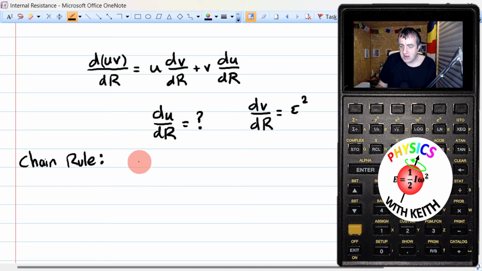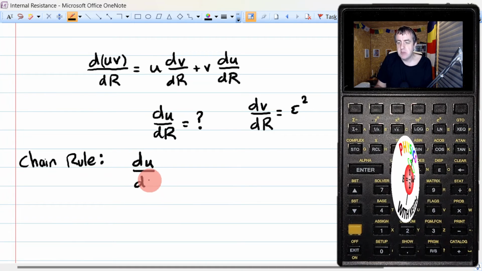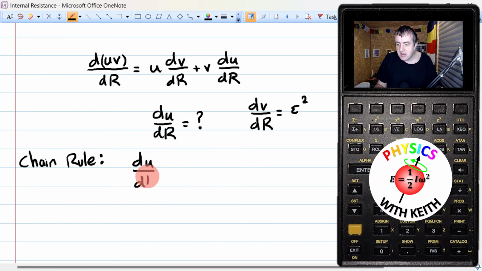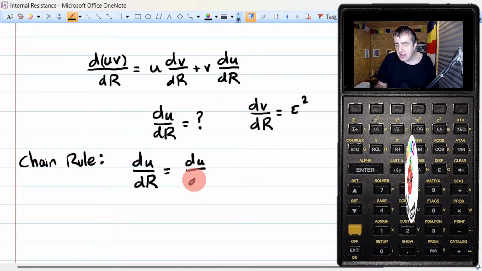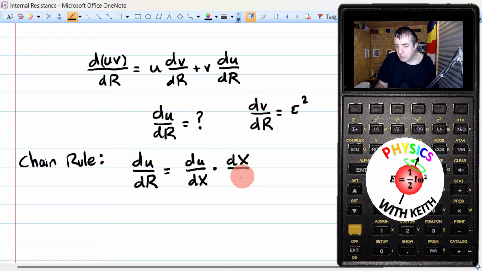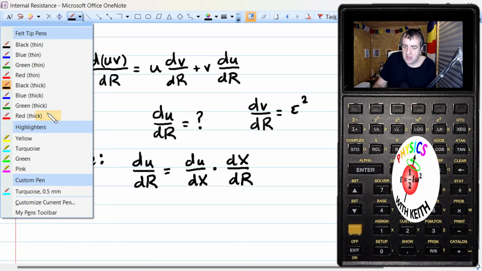We can't do the product rule yet because dU/dR needs the chain rule first. So the chain rule says this: dU/dR is going to be equal to dU/dx, just picking a letter, multiplied by dx/dR. And you can see why this is the case.